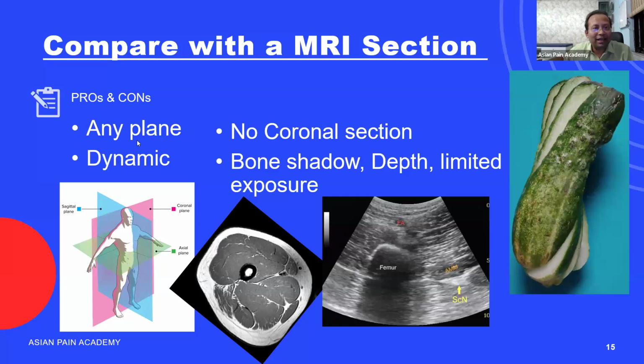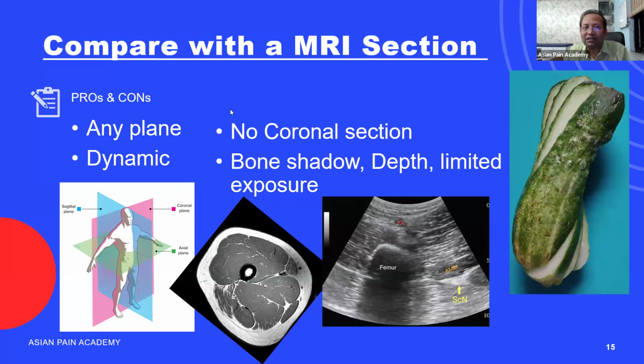Here, it is any plane because the probe is in your hand, and if you just move it from the coronal section or the sagittal section by 20 degrees, then also it is giving another section. So it is any plane. It is in your hand which plane you will see. And another advantage is it is a dynamic examination. These two advantages are not given even by MRI. These are two advantages of ultrasound.